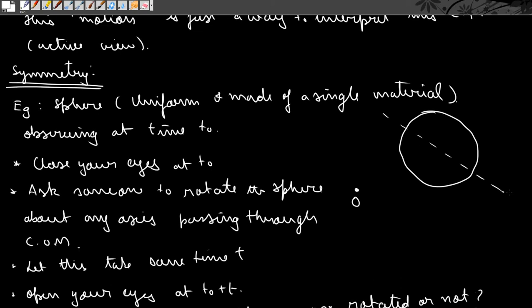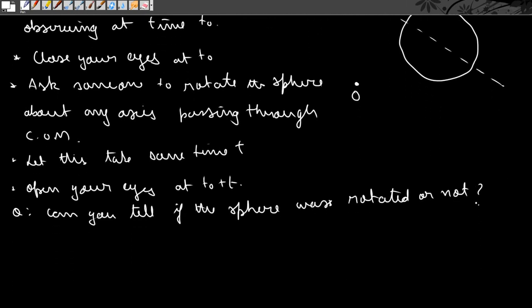There is no way of knowing unless we mark every point which is making up the sphere. But here, of course, we have not marked them or named them, so we will not be able to distinguish whether the sphere has been rotated or not.